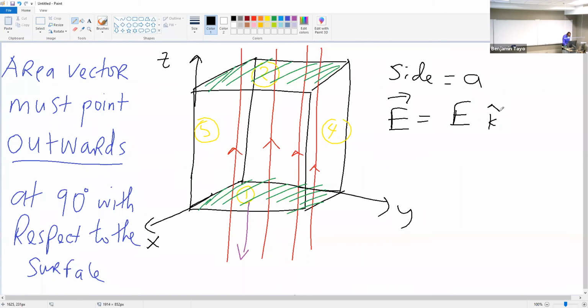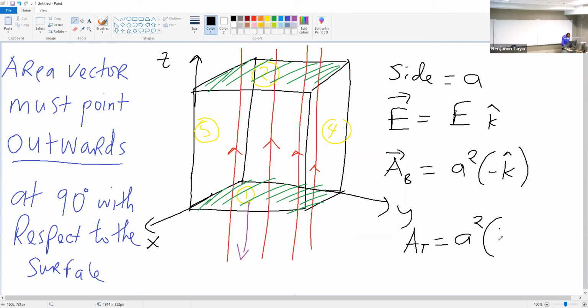Then I'm going to write the area at the bottom is A squared, but this is pointing in the negative k-hat direction. And the area at the top is A squared, pointing in the plus k-hat direction.